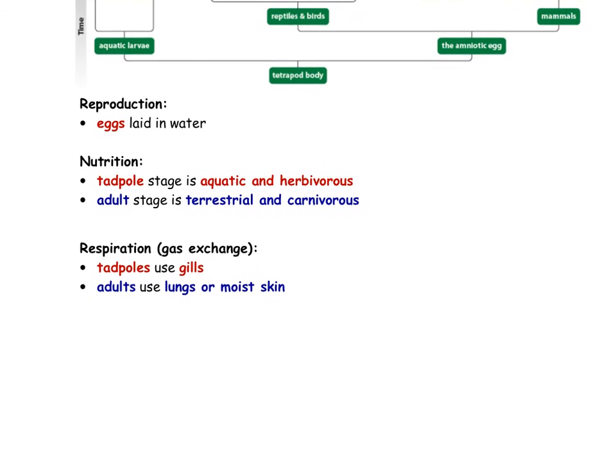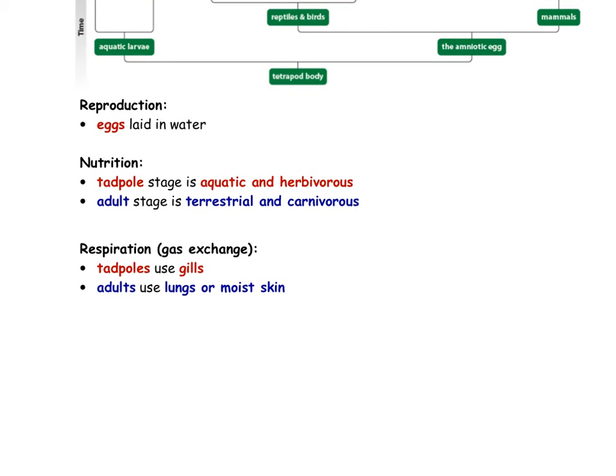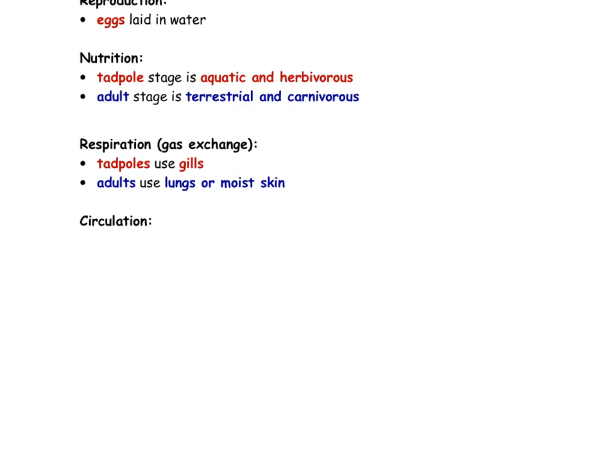As tadpoles, they're entirely aquatic, and so they respire through their gills, but the adults are going to be using those underdeveloped or primitive lungs and their moist skin as well.